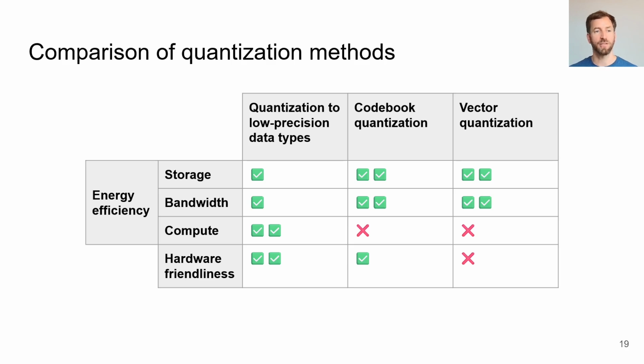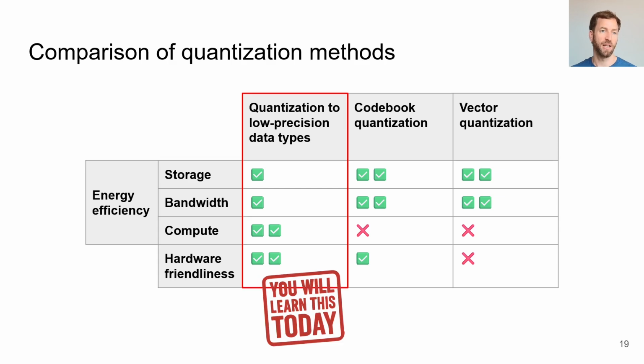And the same applies to hardware friendliness. Codebook and vector quantization add additional complexity for supporting potentially a lot of lookup tables. Of course, we are interested in the most energy efficient solution. So the best trade-off here is low precision data types, and this is why we'll focus on this quantization approach today.